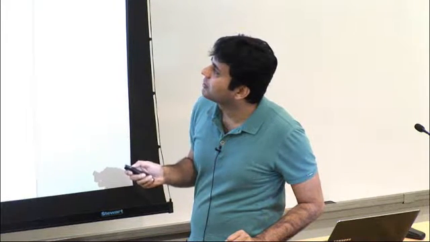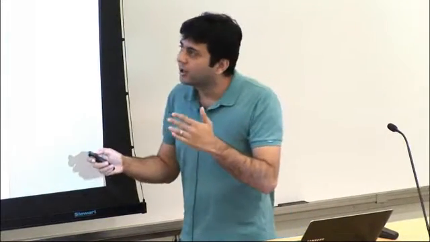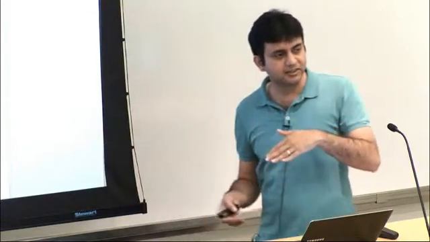The reward that we use is this tangent. Now think of this as a function of theta. Earlier we were fixing theta and thinking of it as a function of x, but now I'm going to fix x_t and think of it as a function of theta.